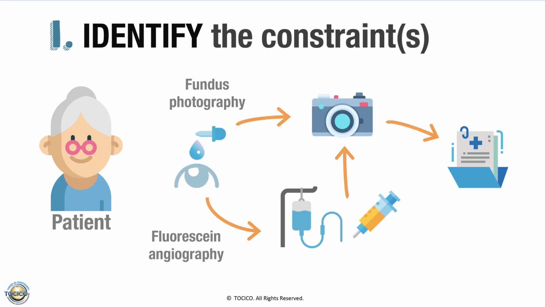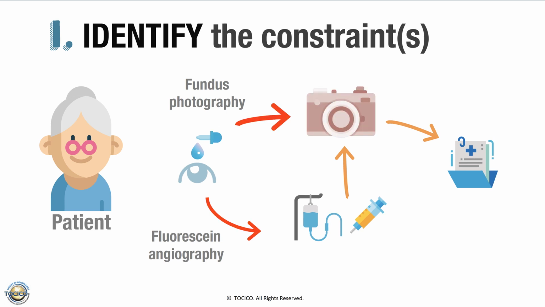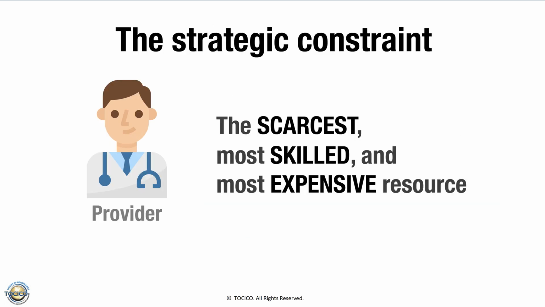Well, the first step was to identify the constraint. What was the constraint? Well, I could see that there were a lot of patients just waiting after me, so I was the constraint. But it's not only that. I was also the strategic constraint. I was the scarcest, most skilled and most expensive resource there.